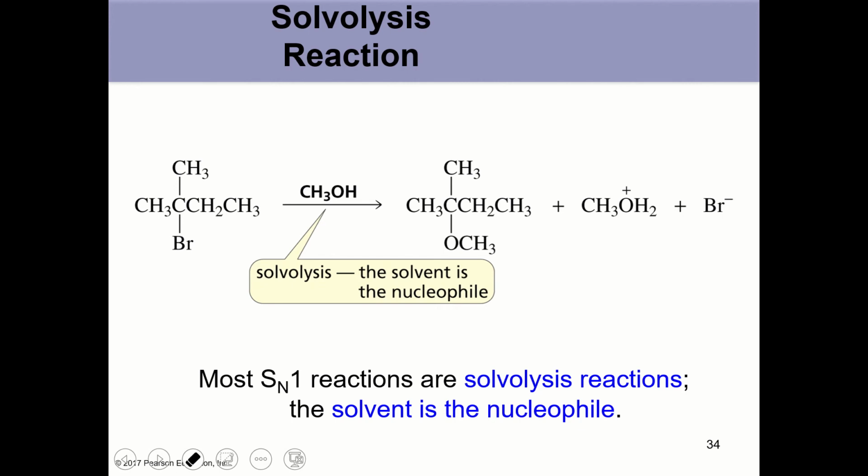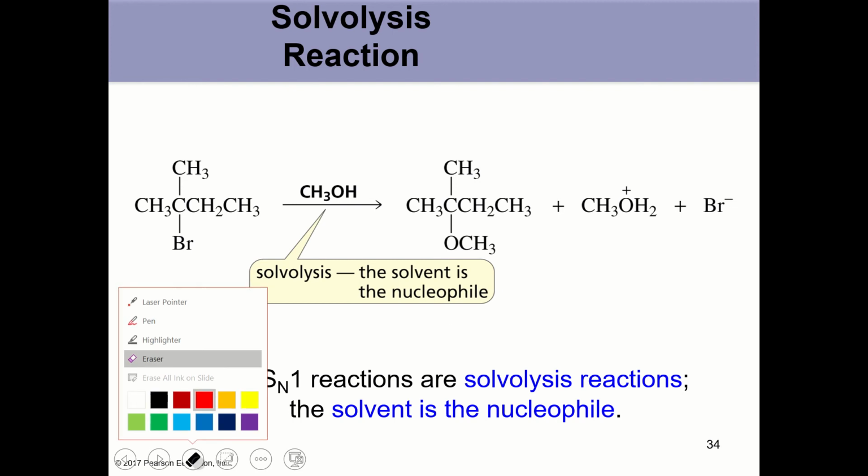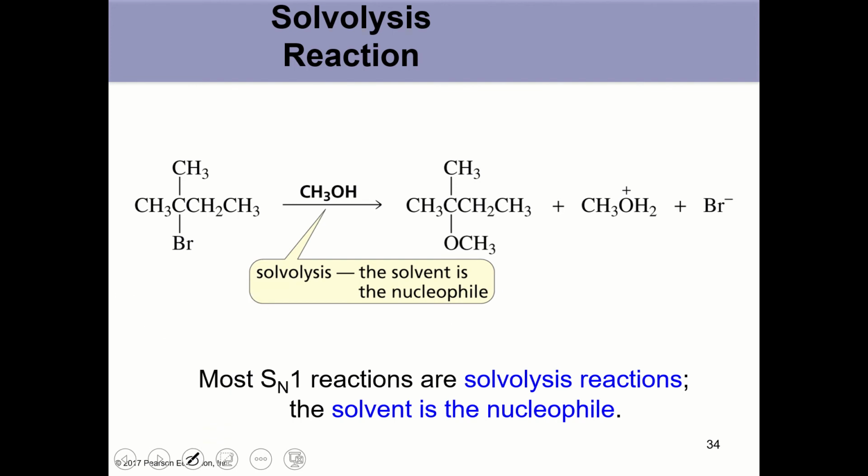And that's called solvolysis. The solvent is the nucleophile. And SN1 reactions favor tertiary products because the most stable carbocation of an sp3 carbon is a tertiary carbon.